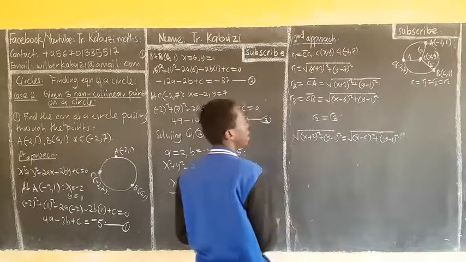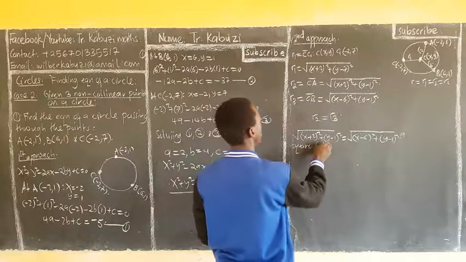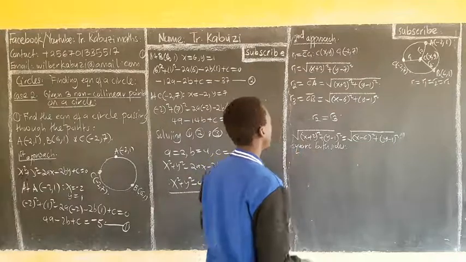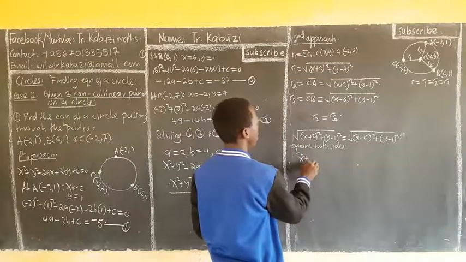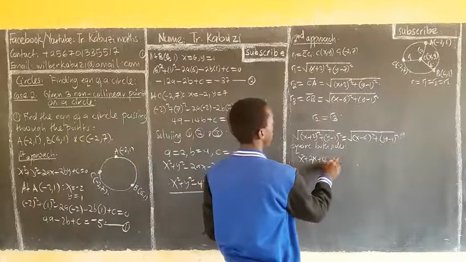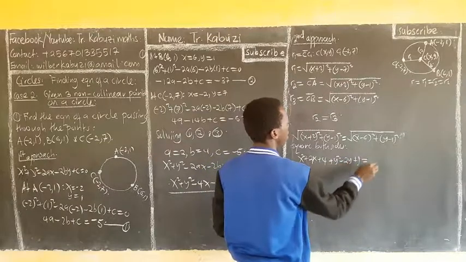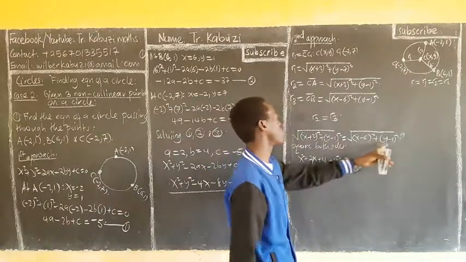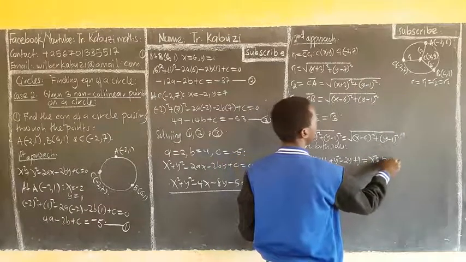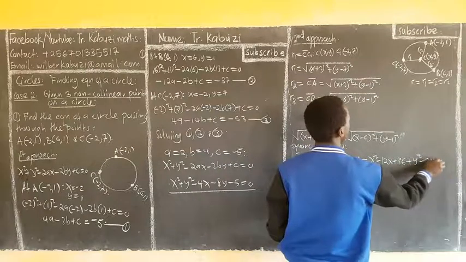If you square both sides, you shall be having x squared plus 4x, then plus 4, plus y squared, minus 2y, plus 1, equaling to x squared minus 12x plus 36, then plus y squared, minus 2y, plus 1.